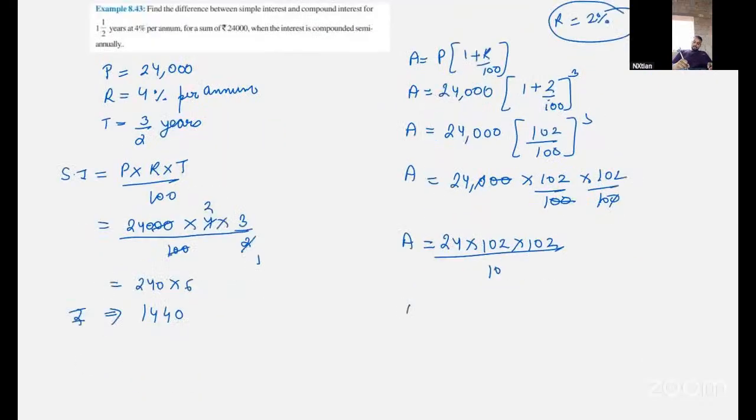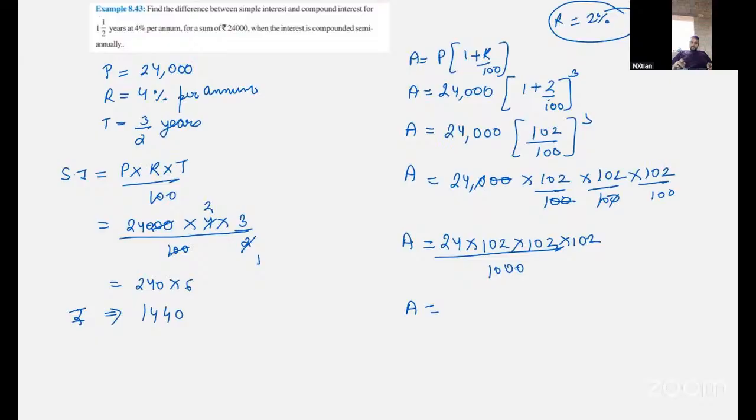Then we have to multiply one more time, since 3 is there, 102 upon 100. So one more 102 and one more 100 will come, which makes it 1000. Did you understand, guys? Ask me, please. So 102 into 102 into 102 into 24.